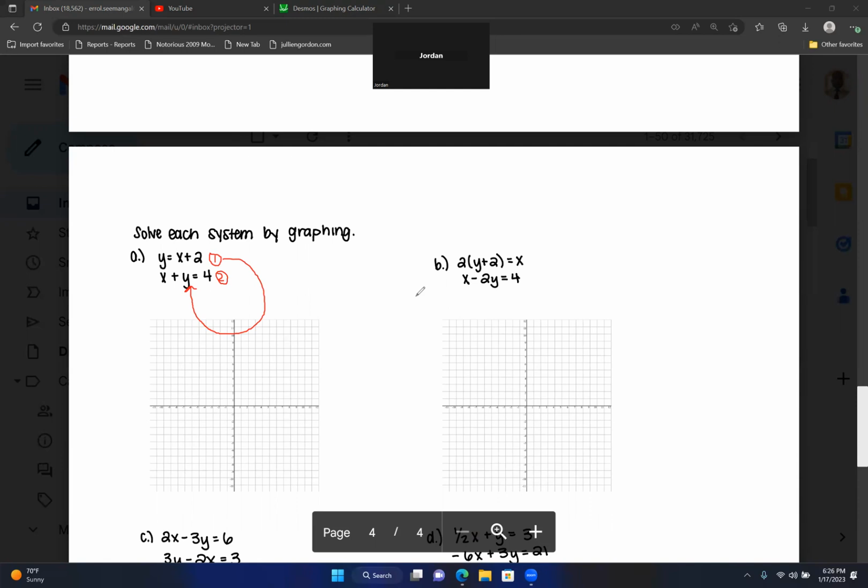And graphing, those 4 steps: solve for y, use the y-intercept, use the slope, and then connect the dots. So no matter which method you use, elimination, substitution, or graphing, you should get the same solution, the same x and y.